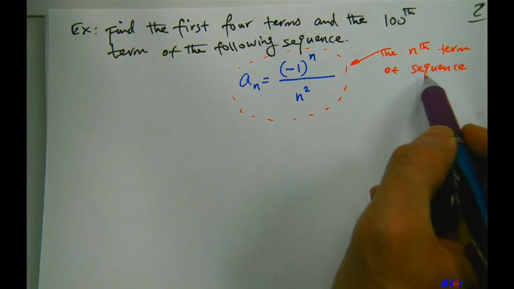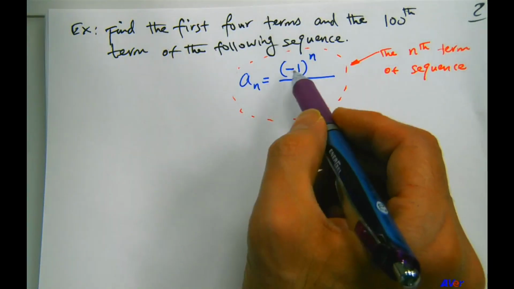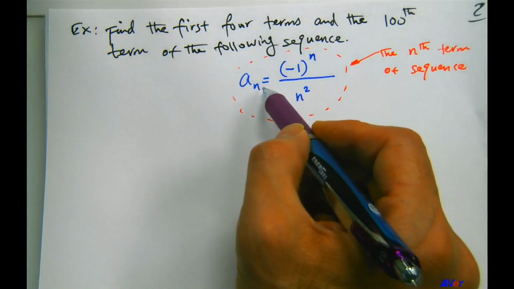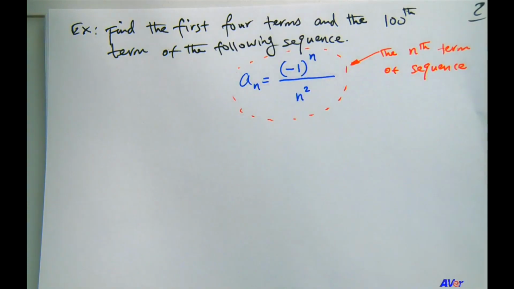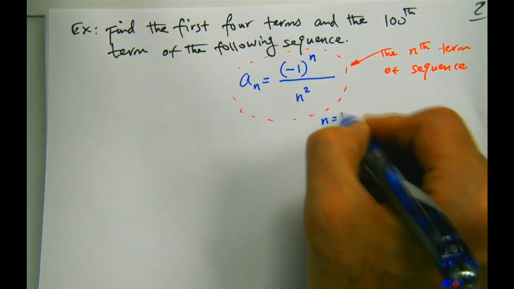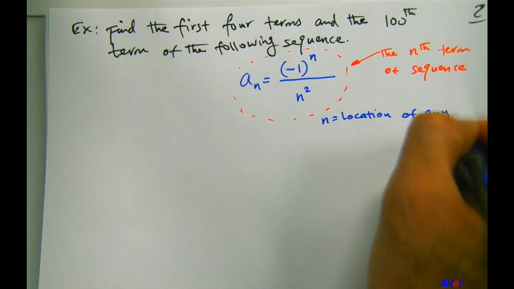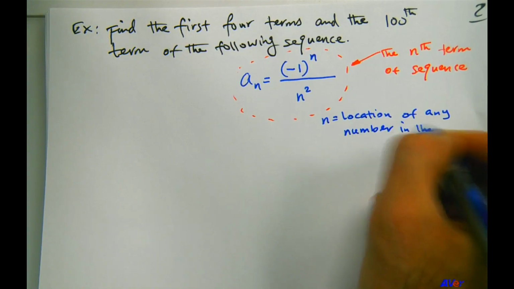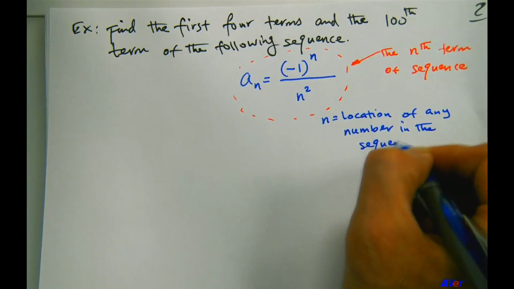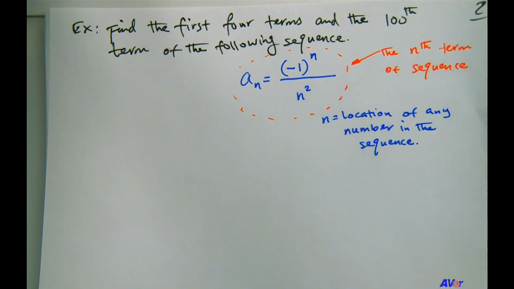But the nth term of a sequence is a formula which can be used to find any number in the sequence. And n represents the location of any number in the sequence.